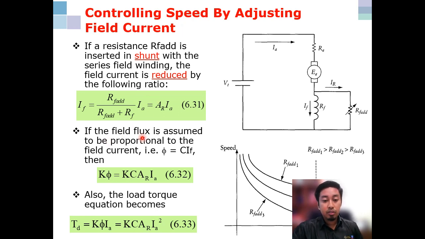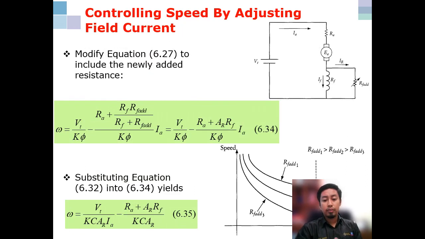If the field flux is assumed to be proportional to the field current, Φ is equal to CIf, then KΦ is equal to KCIa. So the load torque equation becomes like this, equation 6.33. Once you do the exercise, you must get what the effect is of controlling this condition.